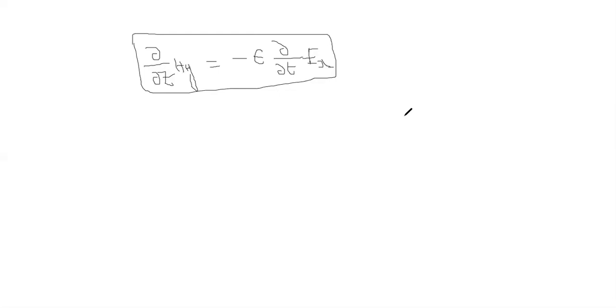And you can write d bar as components in the Cartesian coordinates, dx, dy, and dz, and apply that cross product for the del cross h bar. In that, we can use two conditions. Because the electric field is in the x direction and the magnetic field is in the y direction, it does not vary with respect to x and y. It can only vary with respect to z, because the wave travels in the z direction.